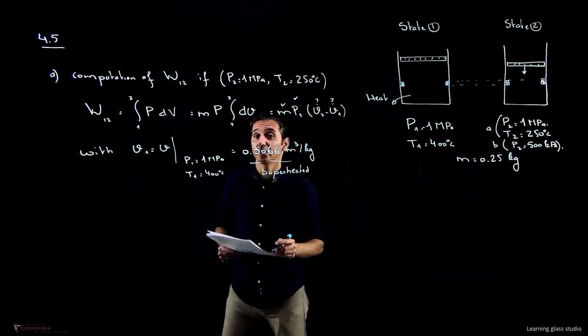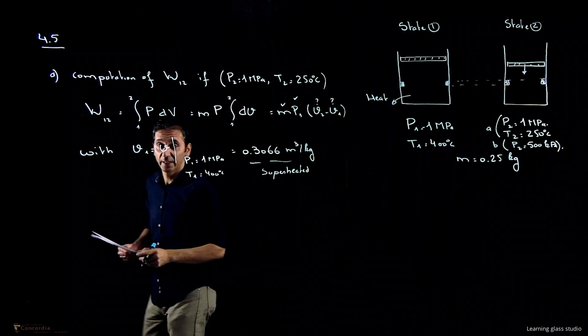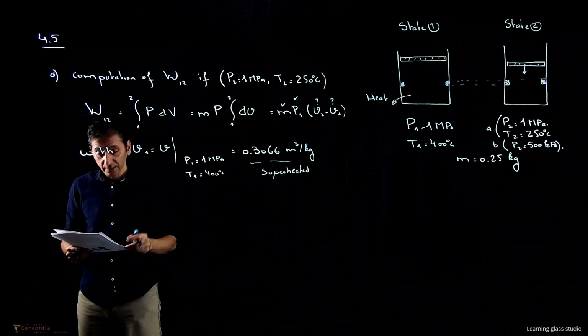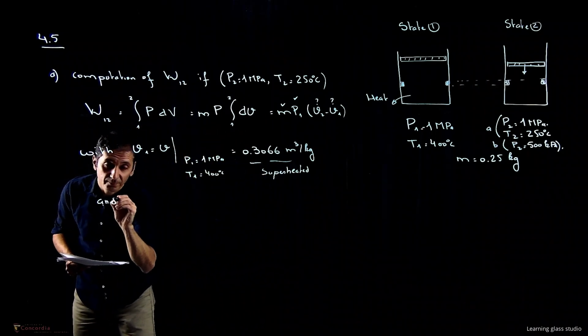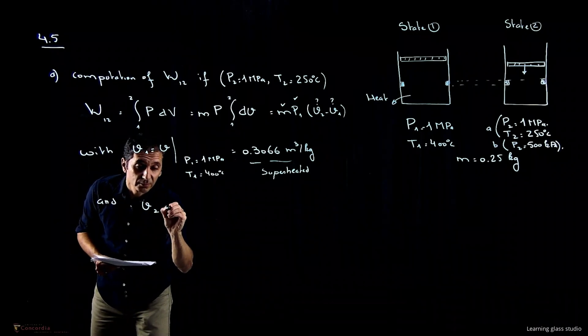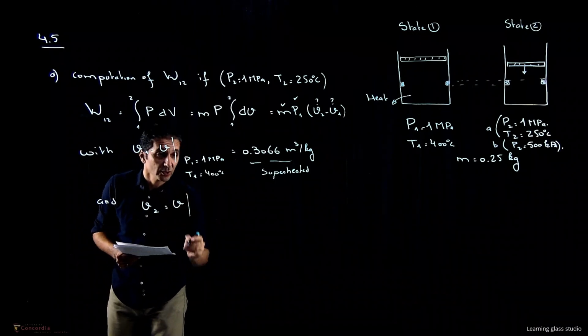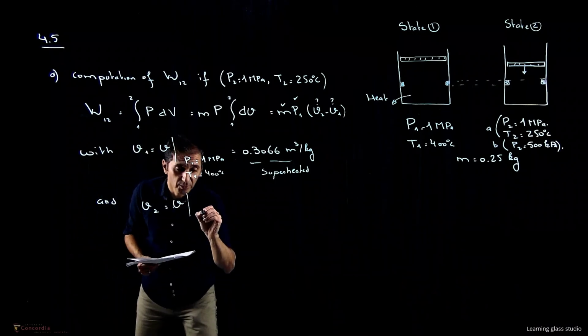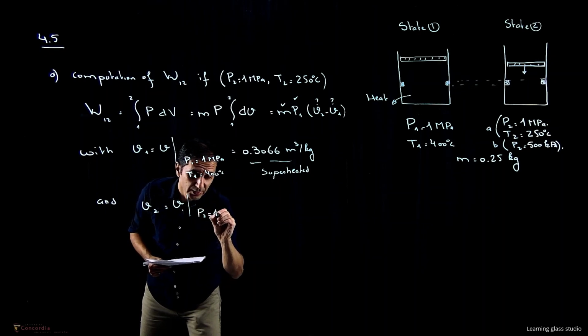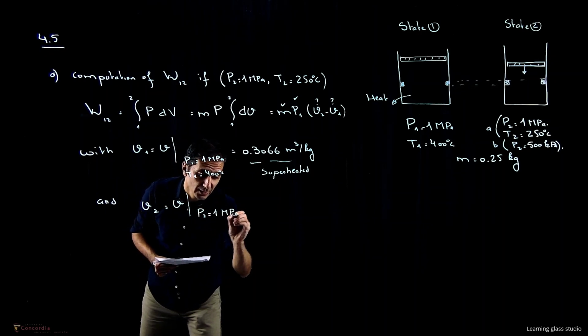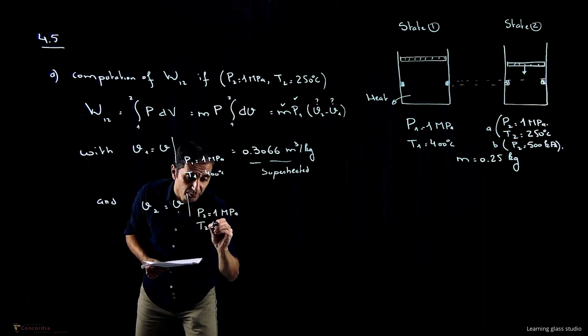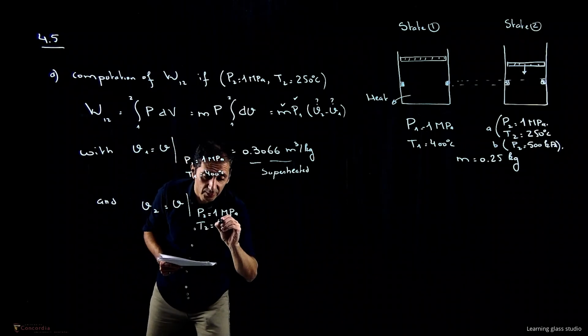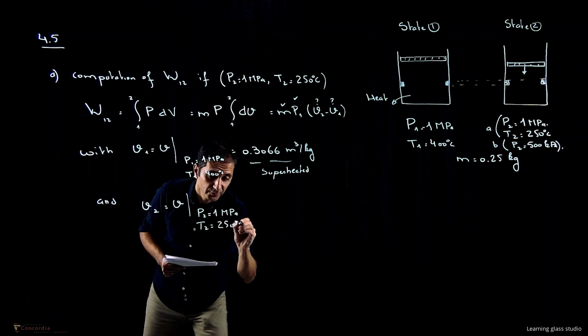So you will have to go to the superheated water table. And this is for V1. And for V2, it's equal to the specific volume under the following conditions. We keep the pressure constant, P2 equal to 1 megapascal, and now we have a final temperature T2 equal to 250 degrees C.